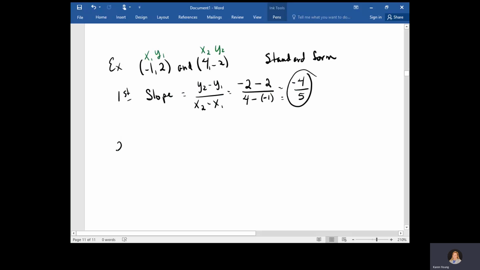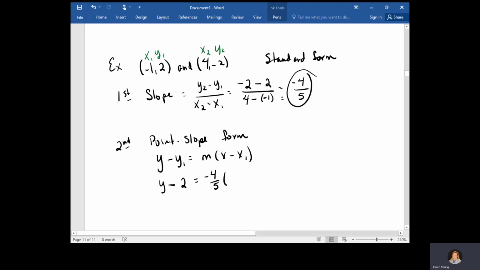Then second, I'm going to use the point slope form because I have a point and I have the slope. It doesn't matter which point you use, you will still get the same answer. But since I've labeled them x1, y1, I always like to use the x1, y1. So y minus my y1, which is 2. My slope is -4/5.